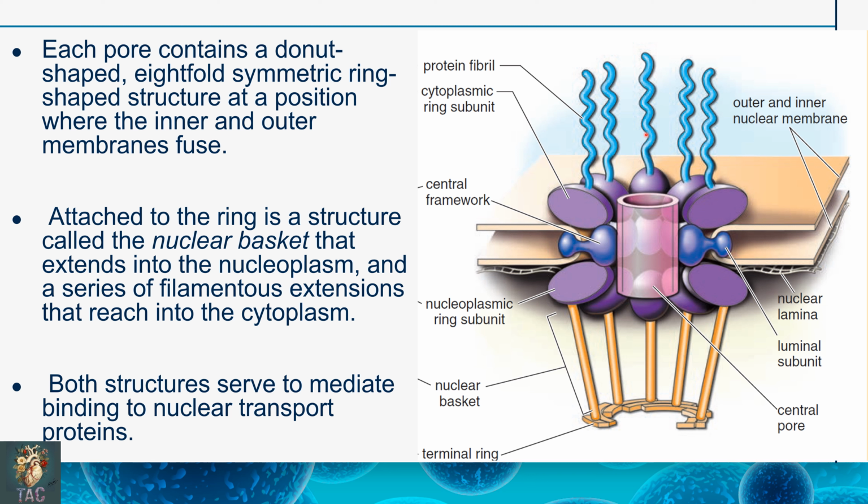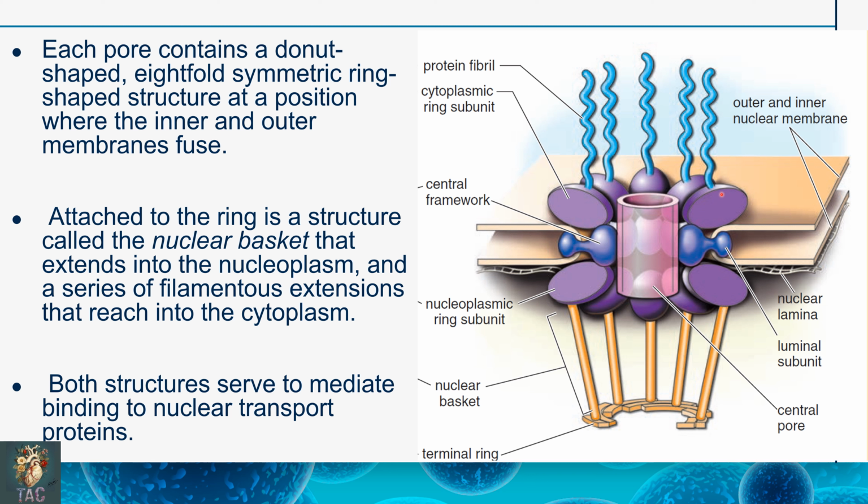On the cytoplasmic side you can see the protein fibrils are present, and on the side of the nucleoplasm you can see the nuclear basket fibers are present, and these nuclear basket fibers are then given support by the terminal ring. So this is basically the structure of the nuclear pore, which is formed by donut shaped, 8-fold symmetric ring shaped structures.